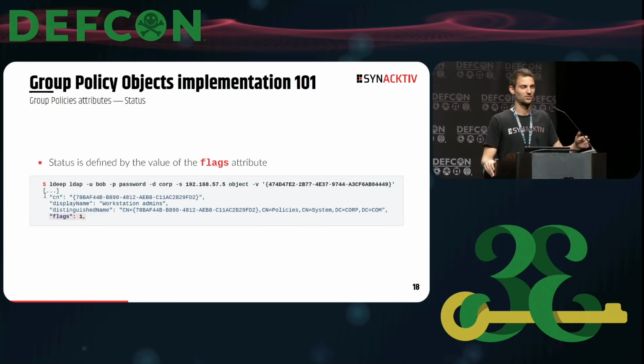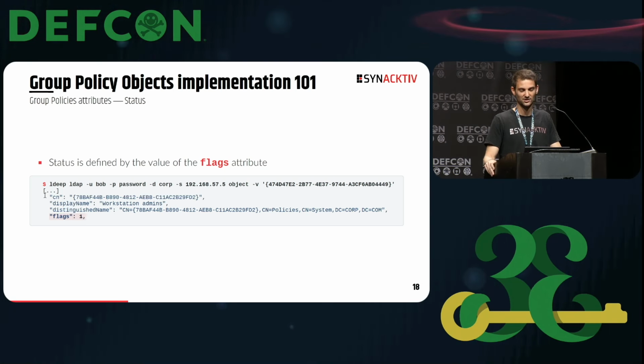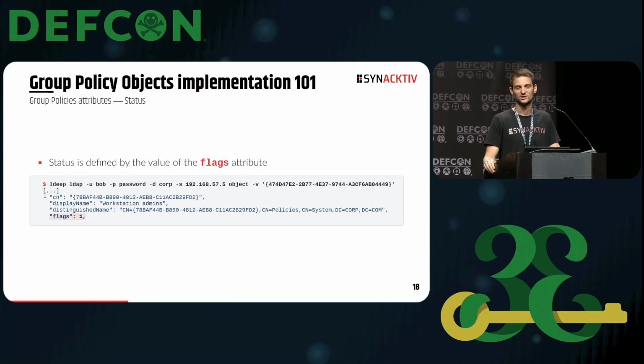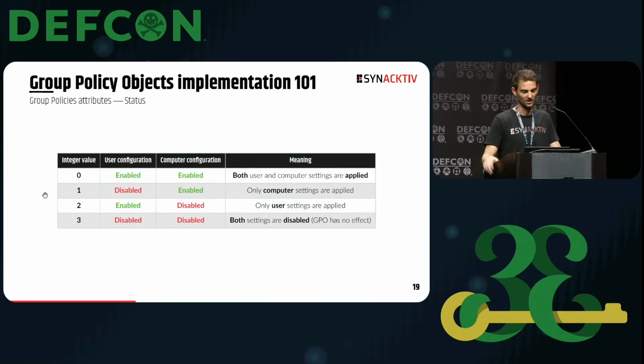And what's going on behind the scenes is we have a specific attribute, again, on the GPO object, which is called flags, and we have an integer that will describe which component is enabled. By default, the integer value will be 0, so basically computer and user configuration are both applied, but we can see sometimes, for instance, if the integer value is 1, only computer settings are applied.